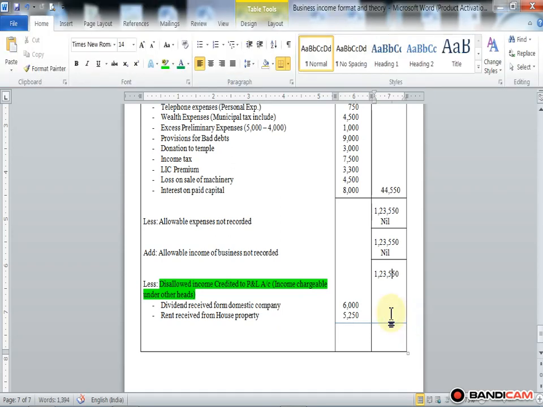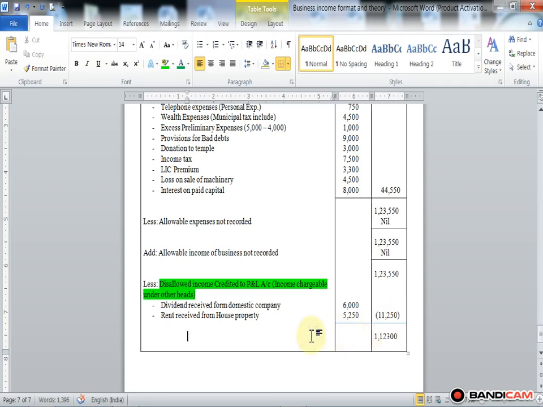So total is rupees into bracket, it means it is deducted from net profit, amounted to rupees 11,250. And then the total is 1,12,300, okay, is the income from business.